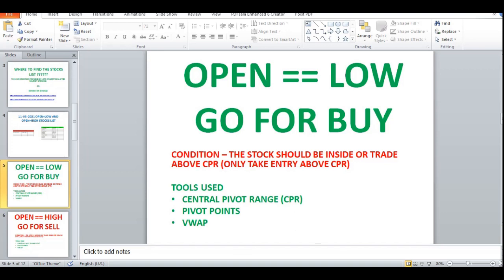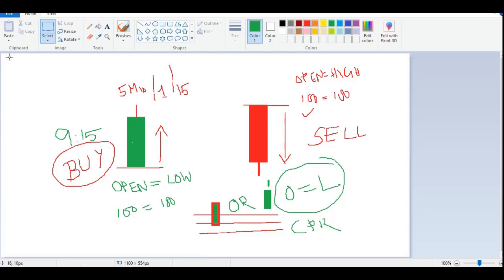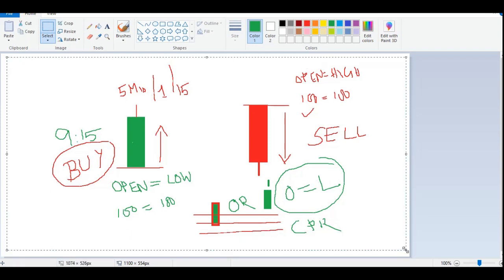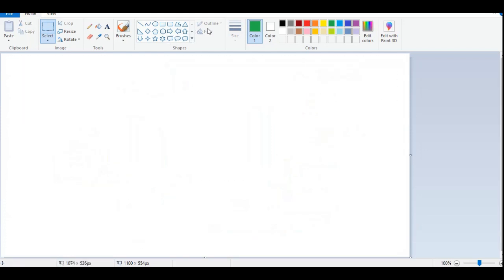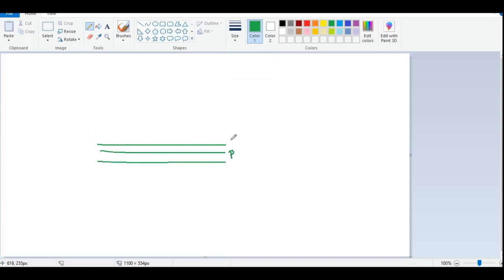CPR acts as a strong support and resistance. You all know about that. This is the pivot point, this is the top CPR and the bottom CPR.